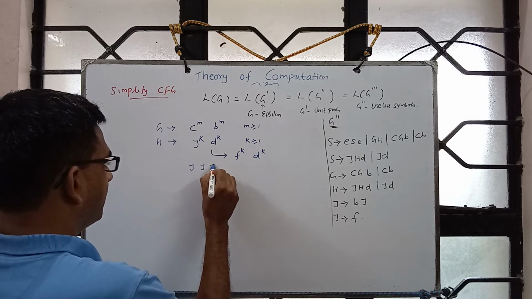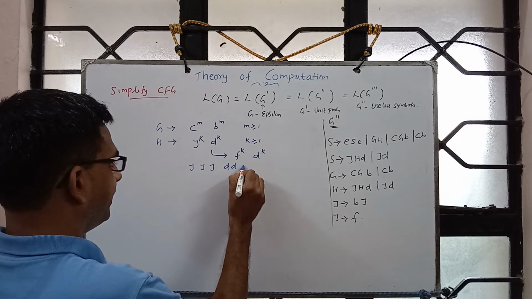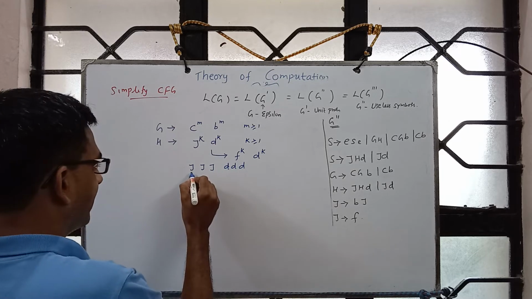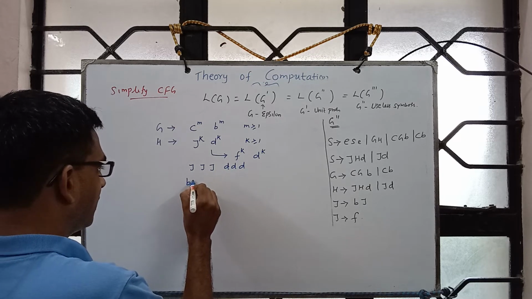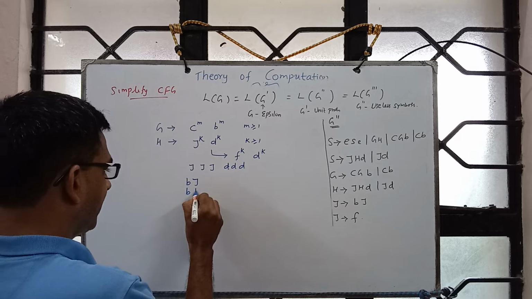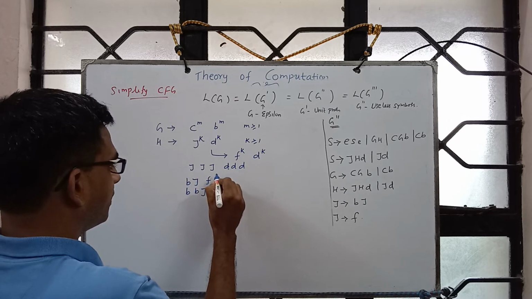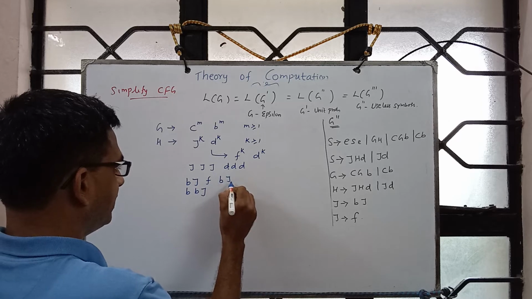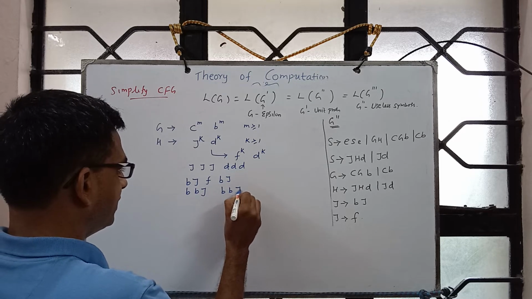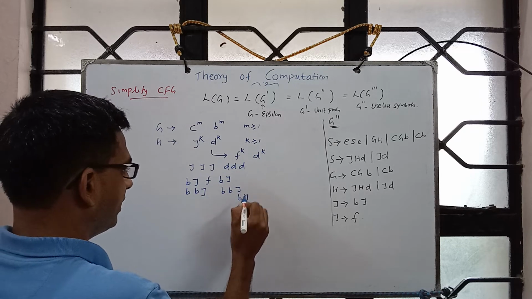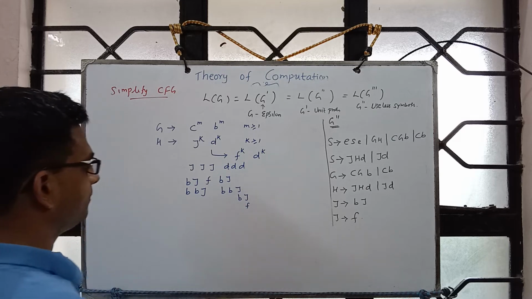Let's take triple J followed by DDD. I can replace this with BJ, again another BJ. This I may replace with F. This one I replace with BJ, again BJ, again BJ, and finally F.